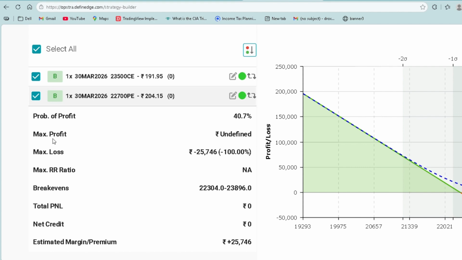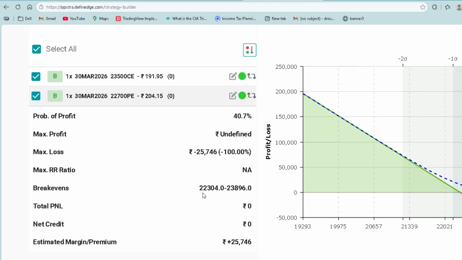Max profit is undefined. Why is it undefined? It means profit is unlimited in this strategy. So max loss is 25,746, that is 100%. This is the premium you paid. And these are break evens.